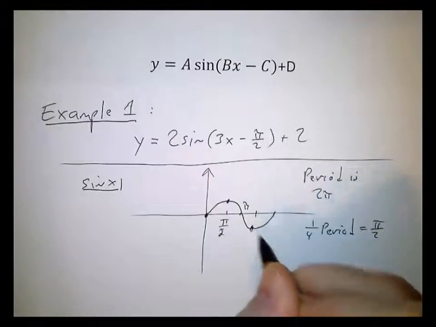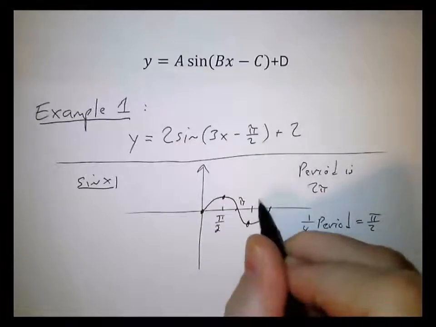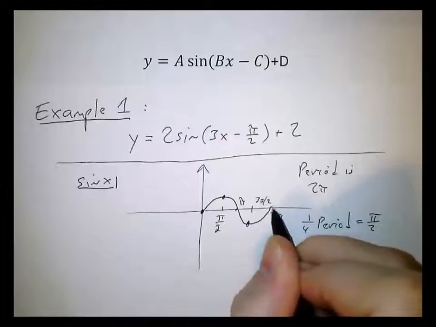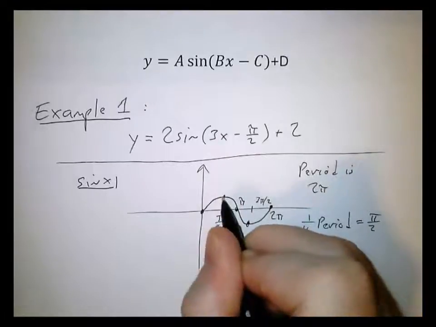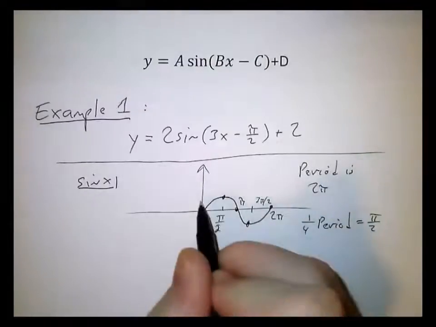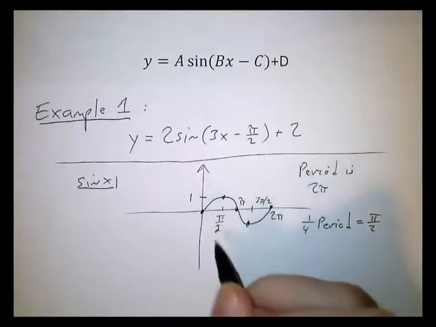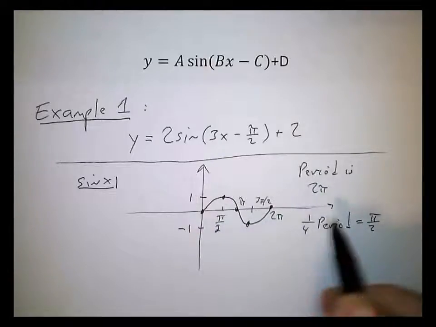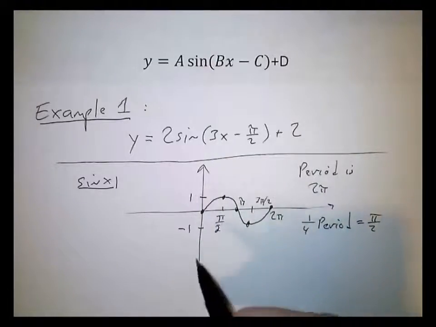And here I'm down here. I have 3 pi over 2. And here's 2 pi. So I have these 5 points of interest, so to speak. And it's ranging from 1 and down here -1. And this will repeat then in 2 pi in either direction here.